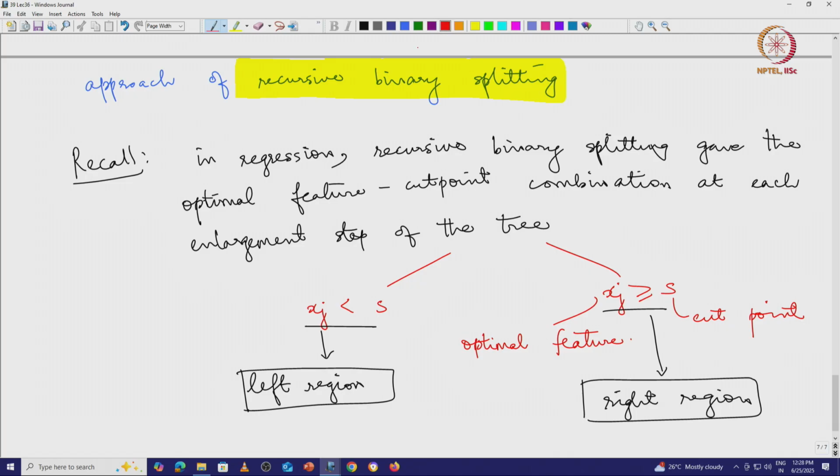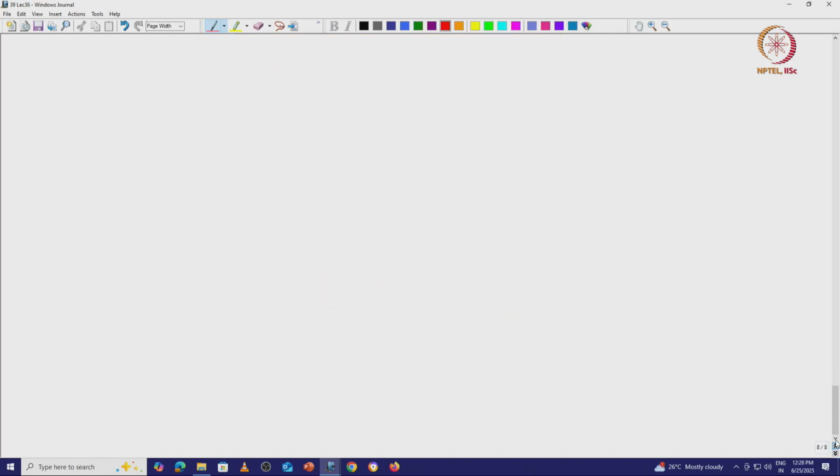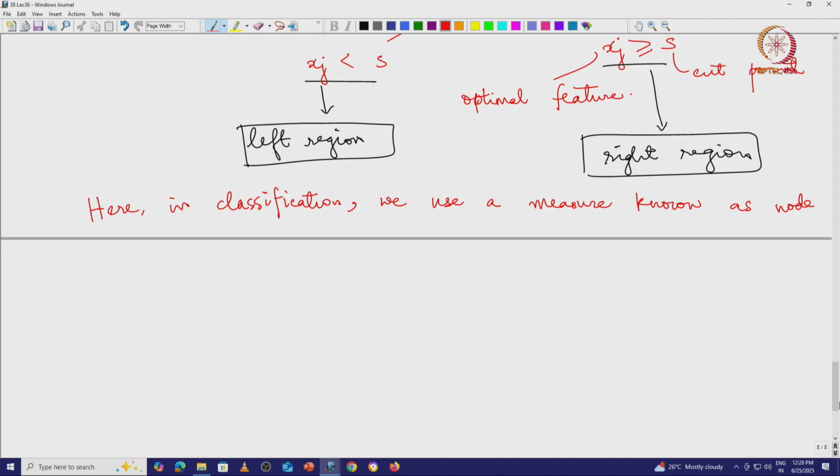So now in the case of classification, instead of using the sum of squared errors of the left region and the right region, here in classification we use a measure known as node impurity to decide which feature to use to split the tree, to determine the split.